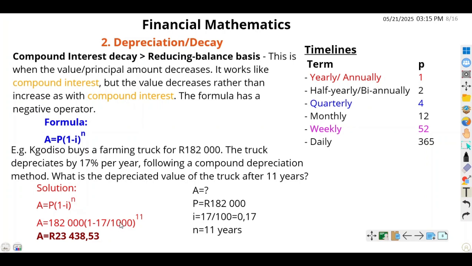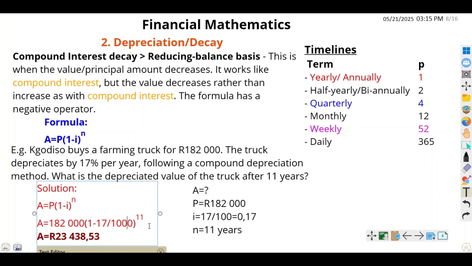There's been a mistake here of dividing by 1,000 instead of 100, so I'll correct that. So all to the power n, which is 11. So A, the new value, is 23,438.53 rands. That is the new value of the truck after it has depreciated over 11 years.